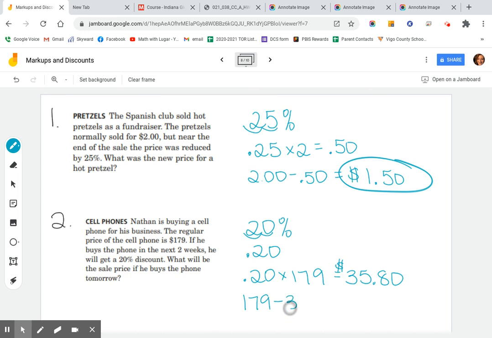I'm going to take $35.80 away from that. 179 minus 35.80. Yes, I could do all of these in my head, but I'm so nervous about making a dumb mistake in a video that I'm definitely double checking myself. No shame. I end up with $143.20.